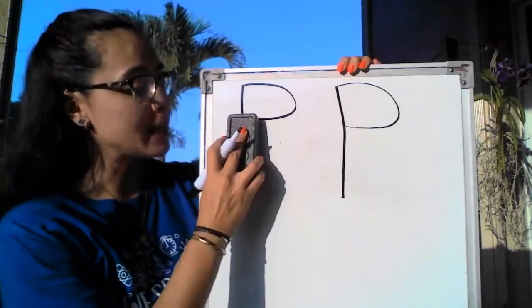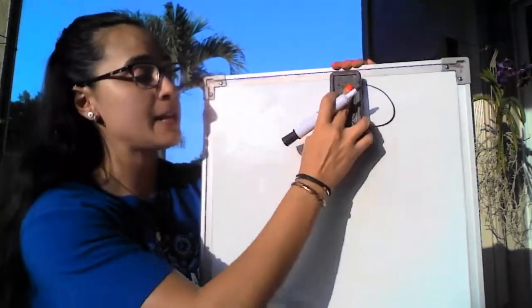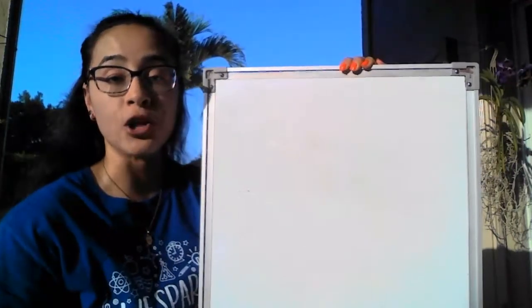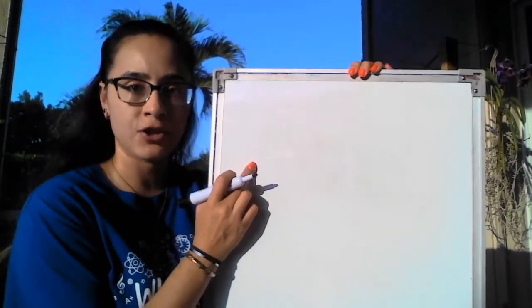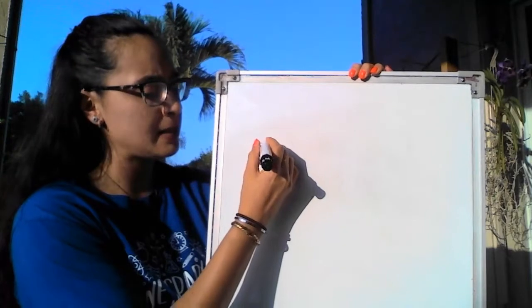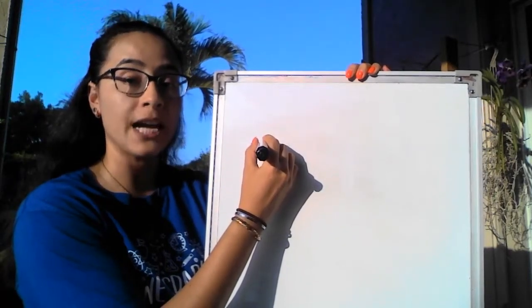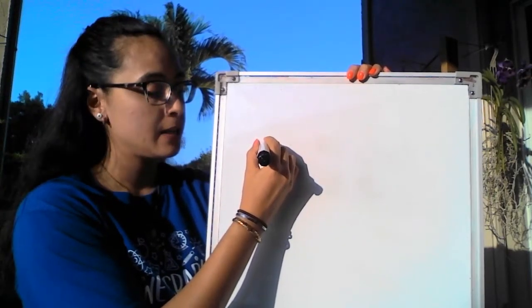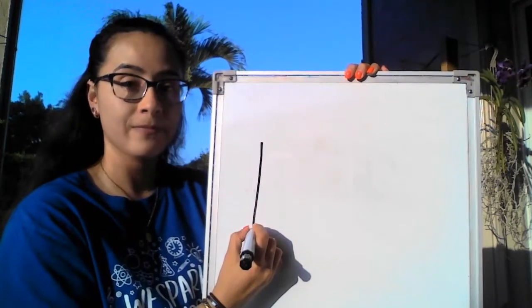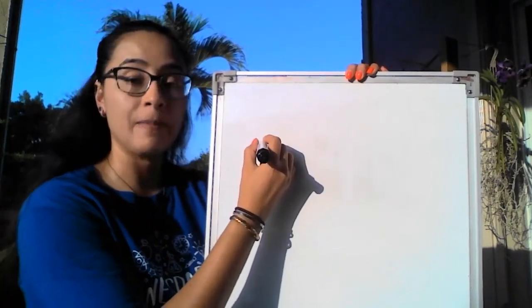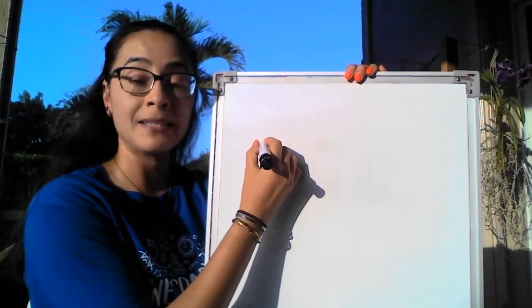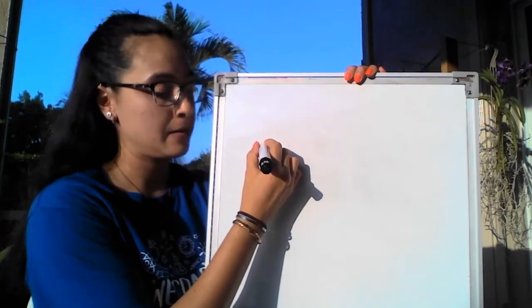When we do lowercase p, the motion is the same, except we're going to start in the middle. Let's do that. Find a nice space in the middle and draw one line going down. Ready? Down. We're going to bring our marker back to the top and we're going to make that same one bump, like this.